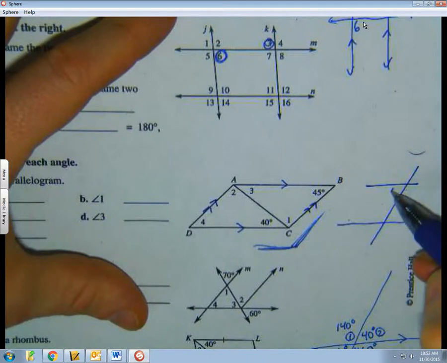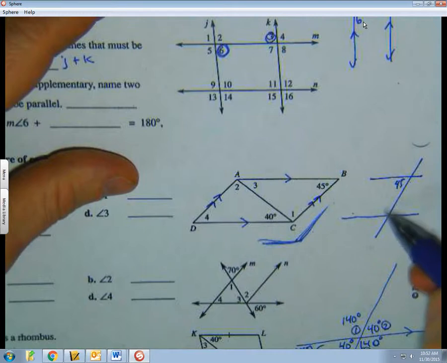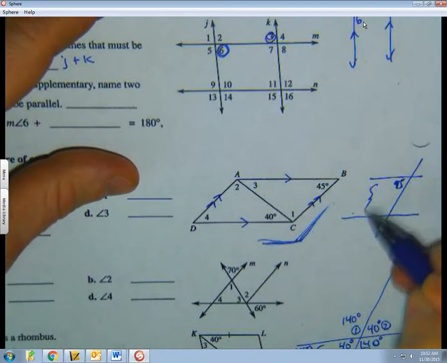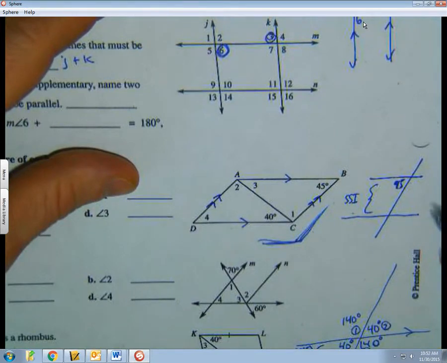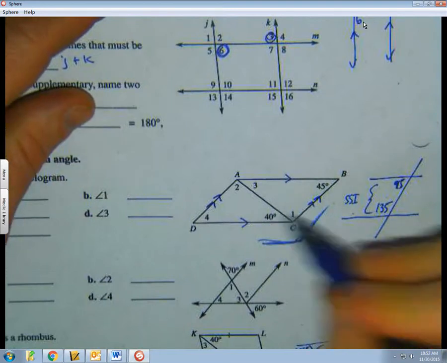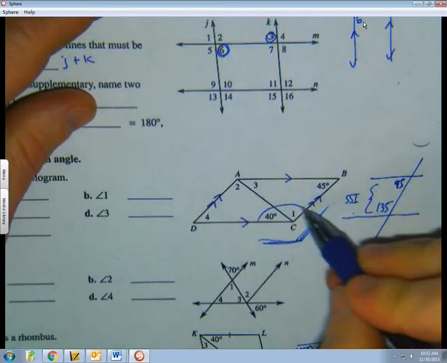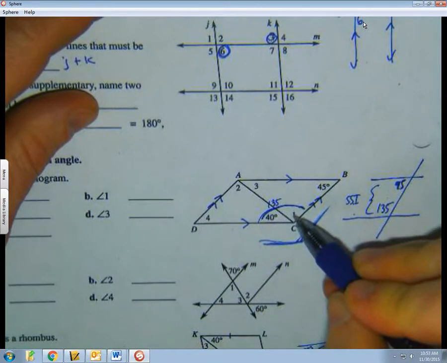and this is 45, this is DCB, we need to find this whole thing. Well, what do we know about these two? Those are same side interior, so if that's 45, then this is 135. This whole thing is 135. So if this whole thing is 135, then what is 1?